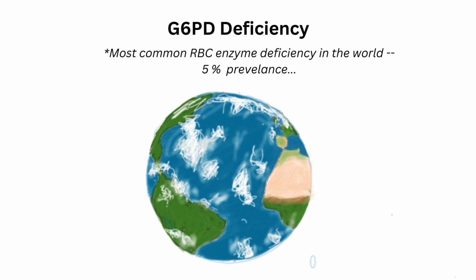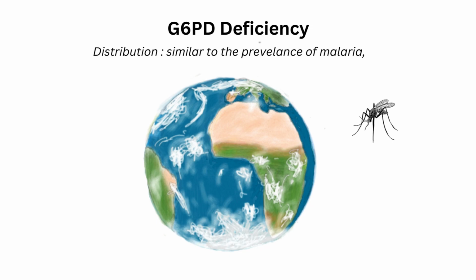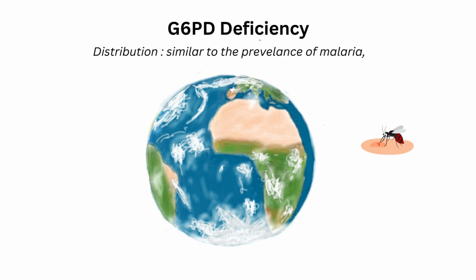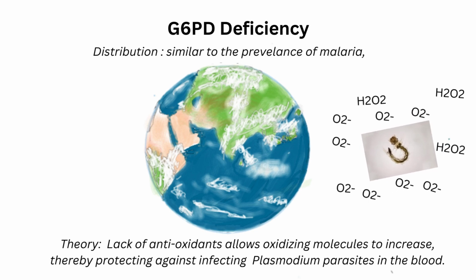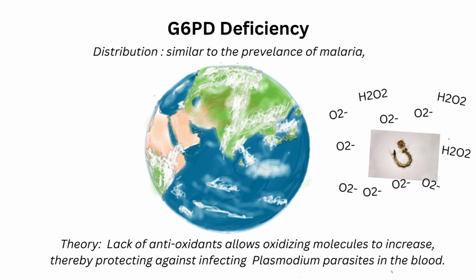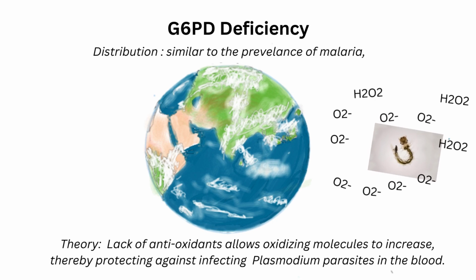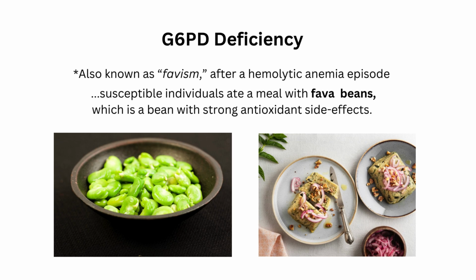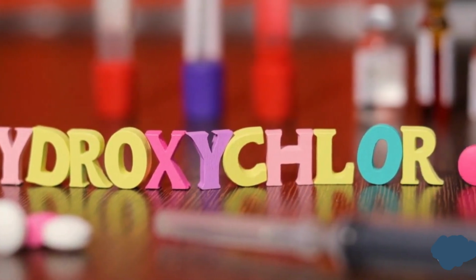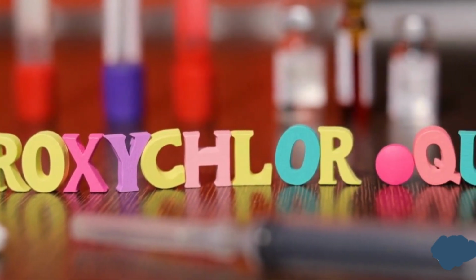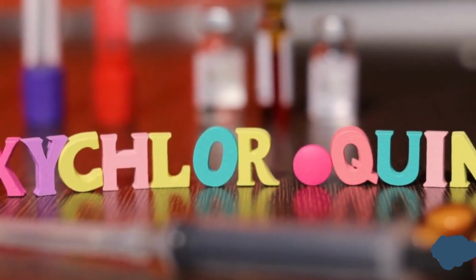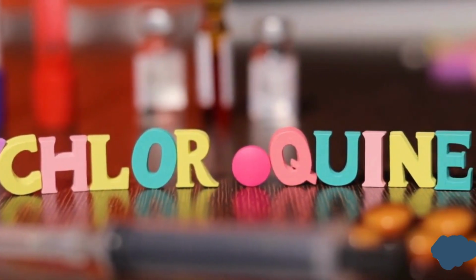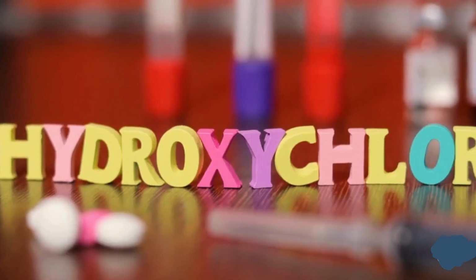Here are some interesting facts about G6PD deficiency. Antimalarial drugs such as quinolones and other drugs may cause hemolysis in susceptible individuals with G6PD deficiency due to the oxidative stress on their red cells.